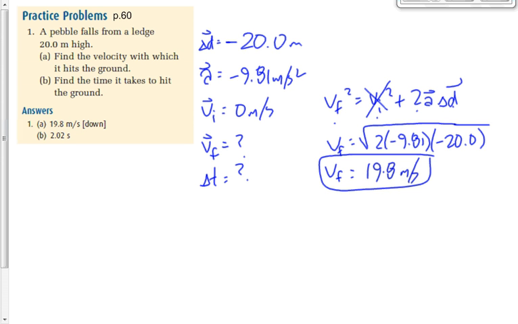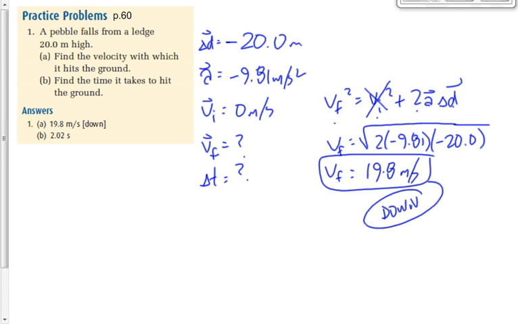But if the object is falling, it doesn't take a rocket scientist to figure out which way the rock is moving as it's falling. It's falling downwards, so we can just tack on a downwards to the end of that, not because the equation tells us that, but because our brains tell us that. If it's falling, it must be moving downwards.